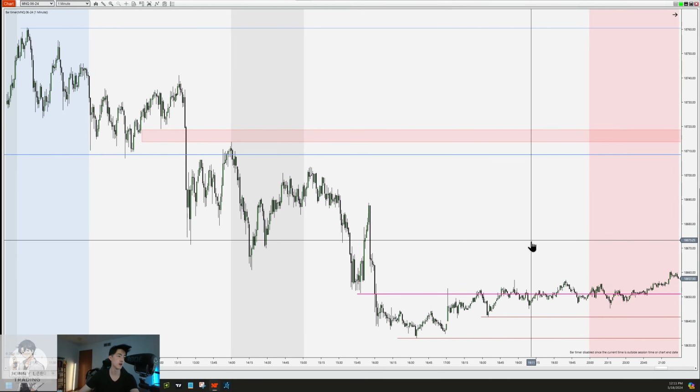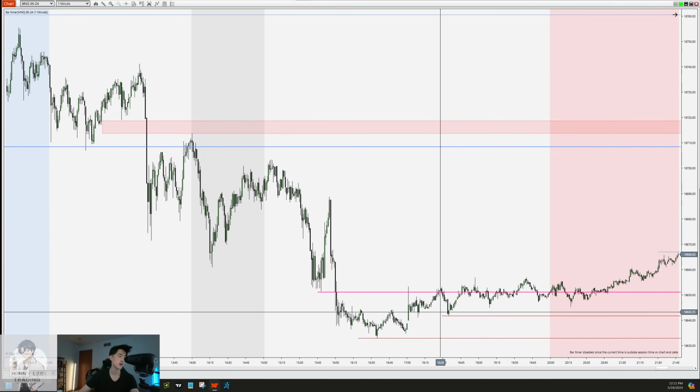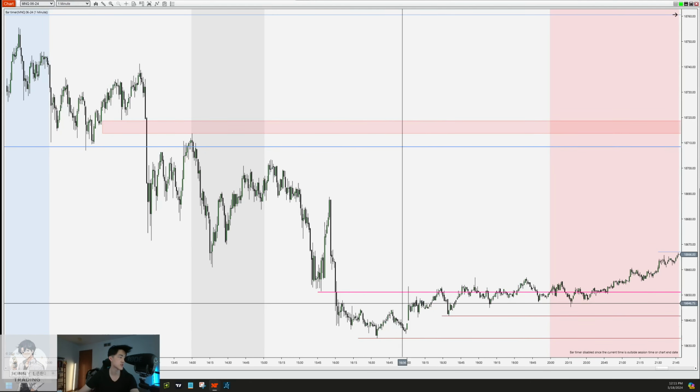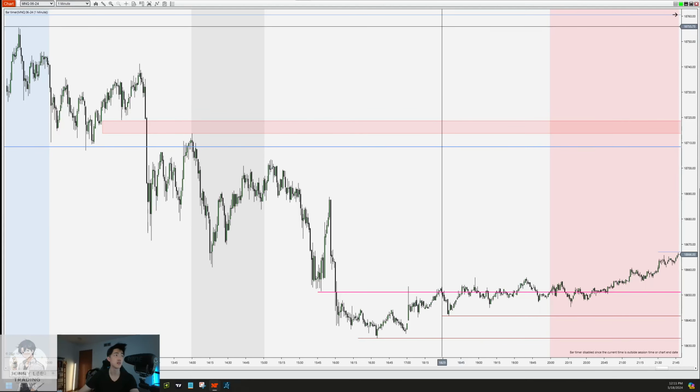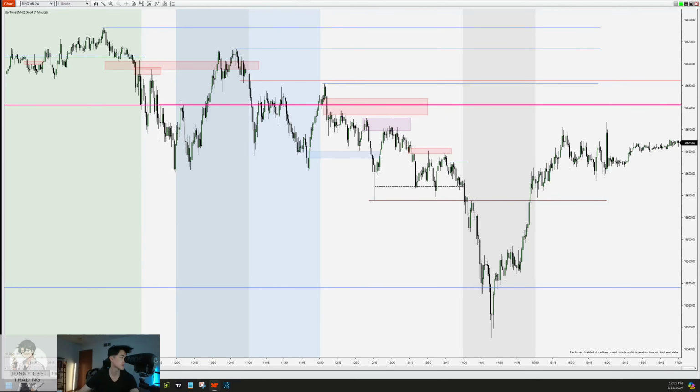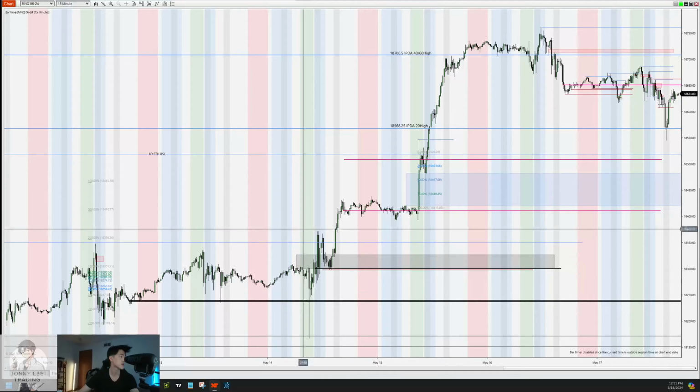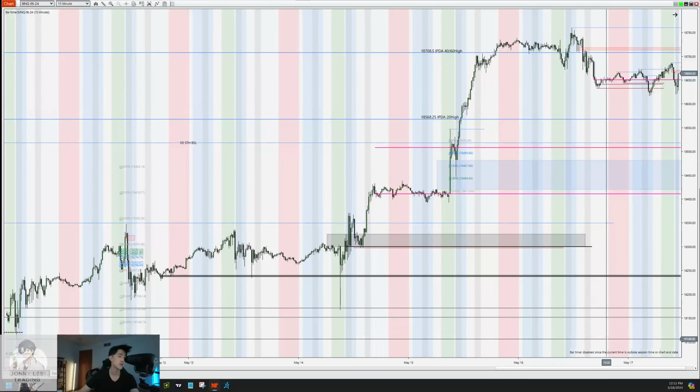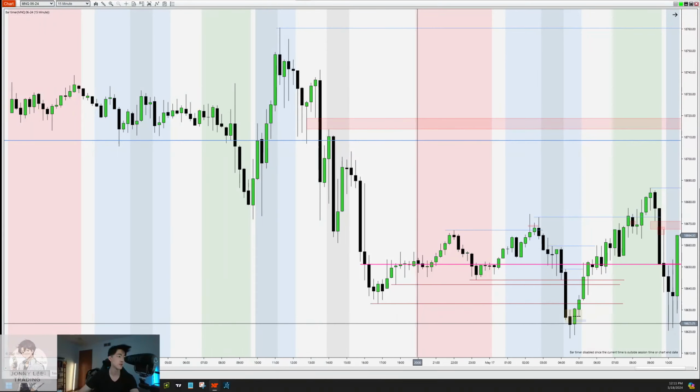Technically I could have marked each of these as well, but let me see if I can duplicate this tab briefly, and let's make this into a 15-minute chart so that I can refer to the 15-minute chart here too.